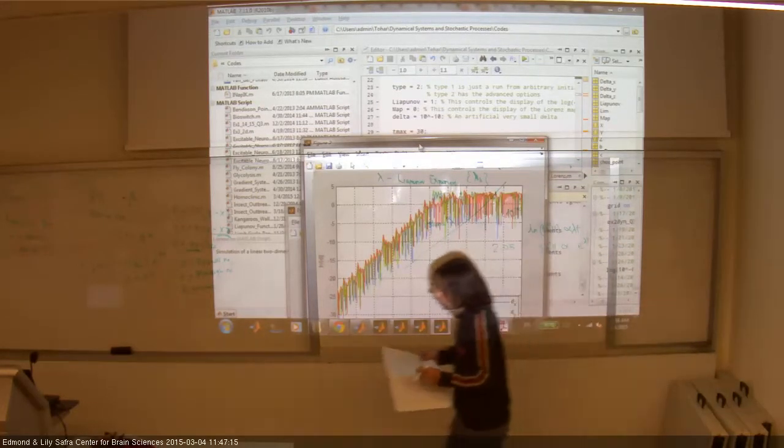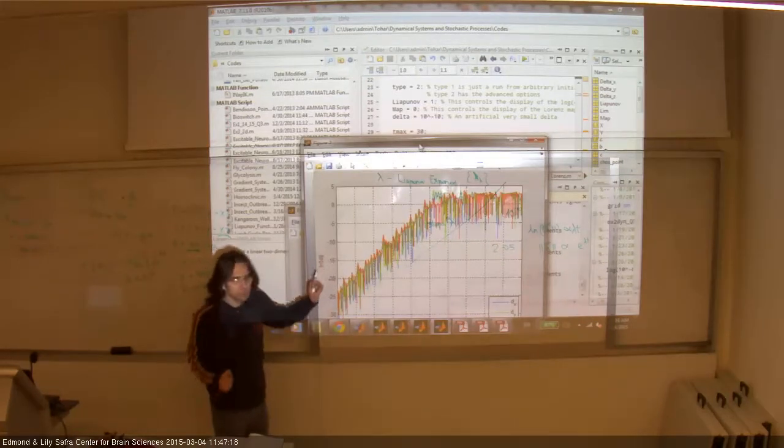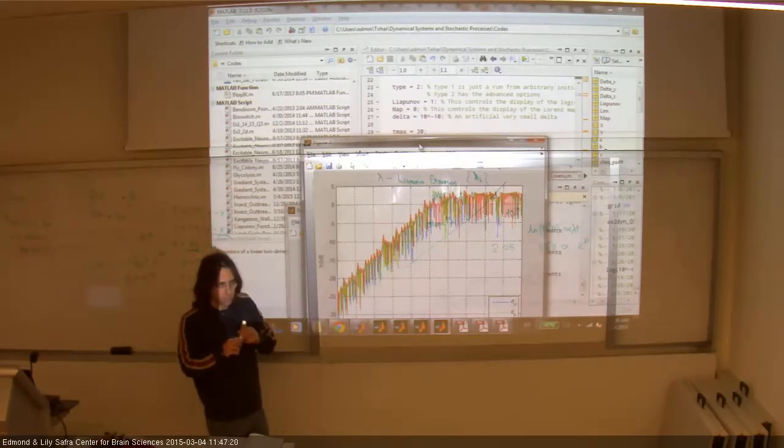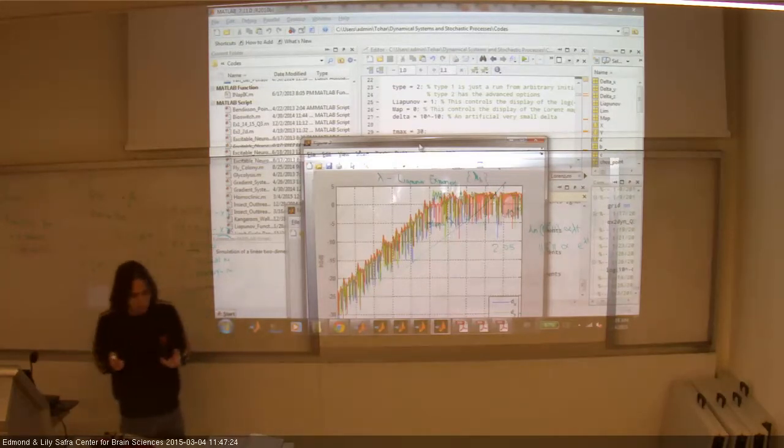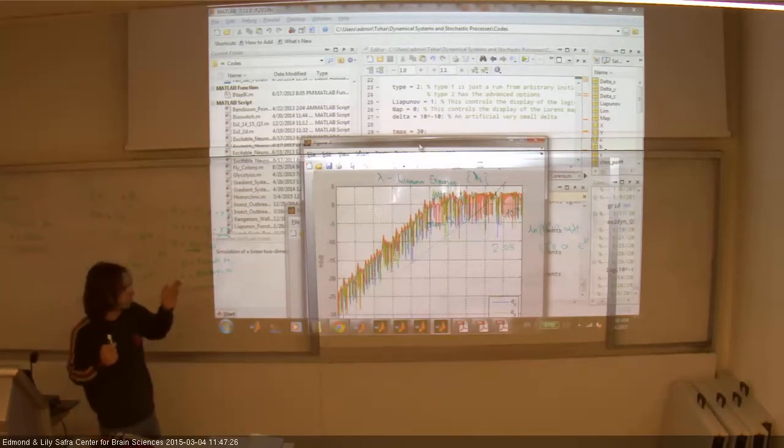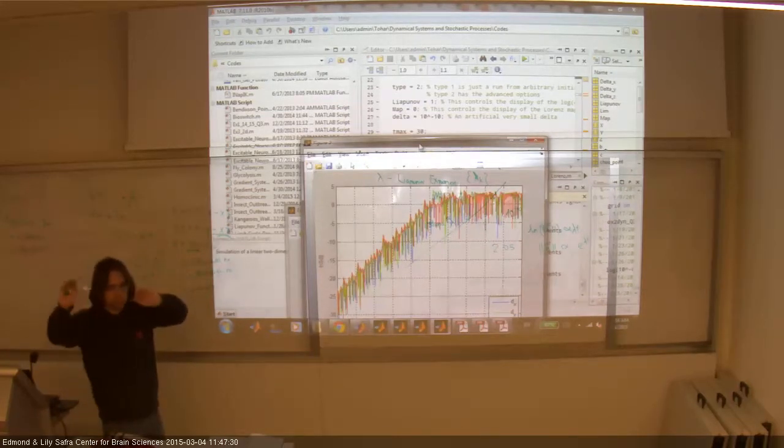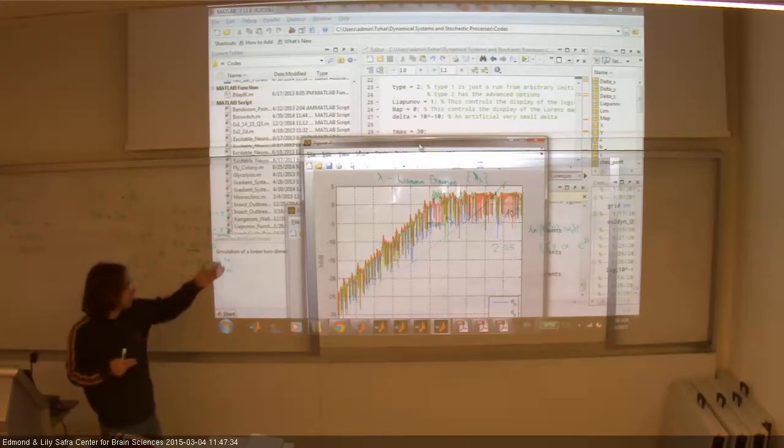Now, this was started from a certain initial condition, and then we removed a little from it. If you would like to be very rigorous, you would maybe do this for different initial conditions in the system, say 10 or 100, and then average the Lyapunov exponent that you get.